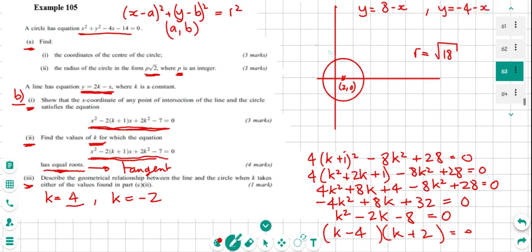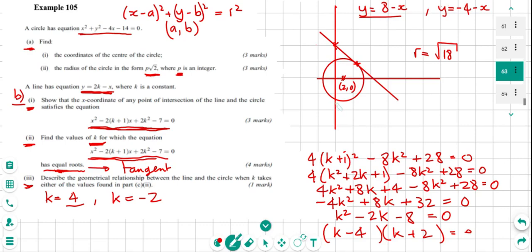So if we try and sketch these on here, the first one would cross the y-axis at 8, and it would look something like this, touching the circle once above. So that's only one solution, as we were finding, and that would be a tangent. The other solution is where it crosses at minus 4.